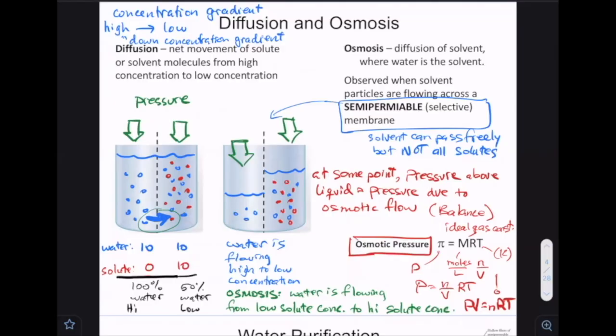Volatility is the ability to go from a liquid into a gas. The more volatile something is, the easier those molecules can transition from the liquid phase to the gas phase. When we're talking about these solutes in solution that are causing osmosis in this case, these are going to be non-volatile particles. They cannot escape into the gas phase.